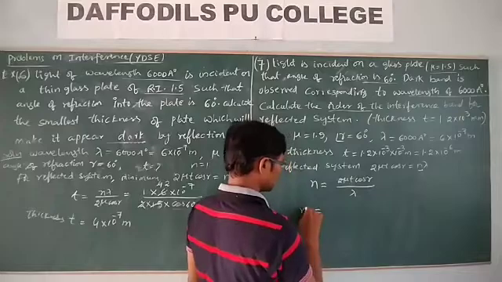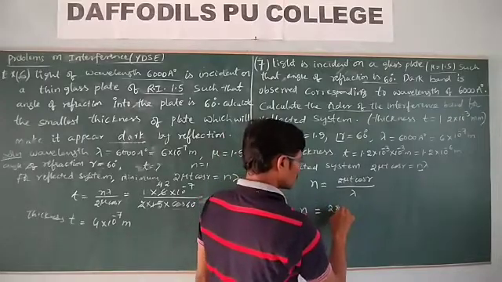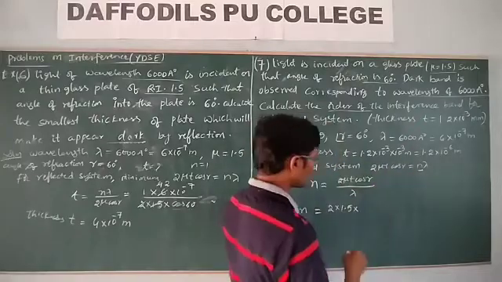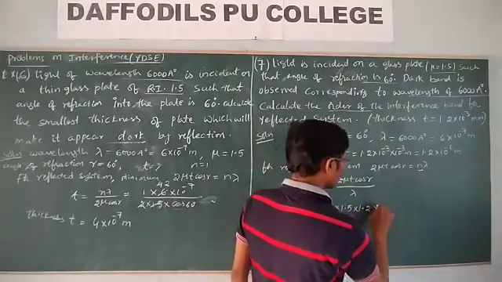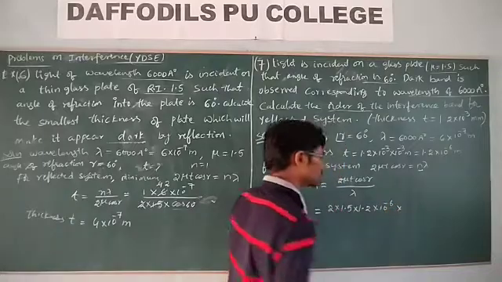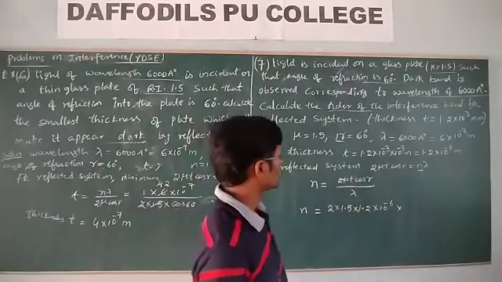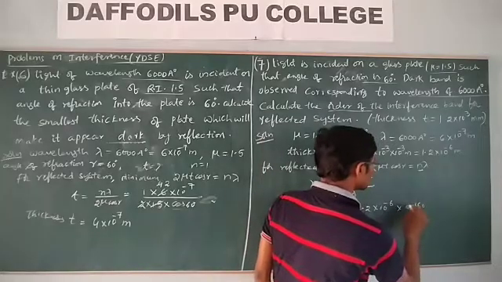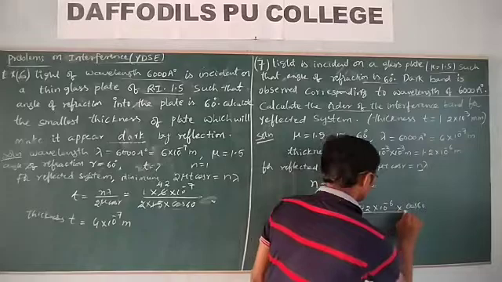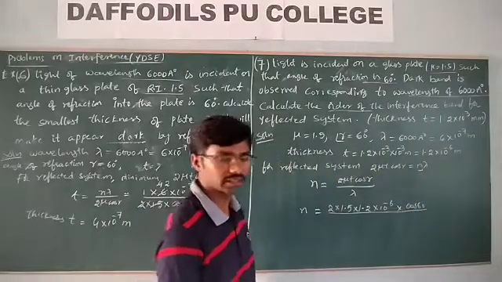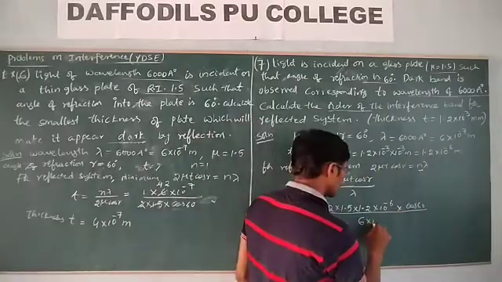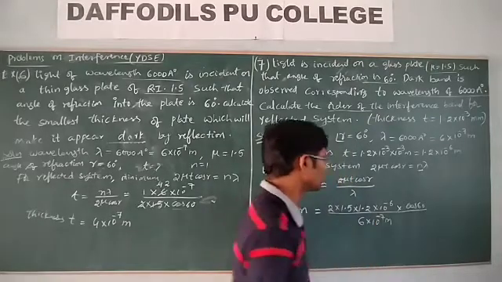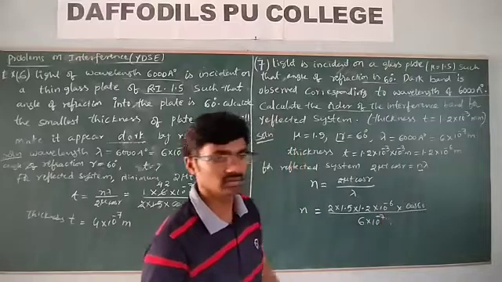Substitute values. n is equal to 2 into mu 1.5 into thickness 1.2 into 10 power minus 6 into cos 60, by the wavelength of light, 6 into 10 power minus 7 meter.